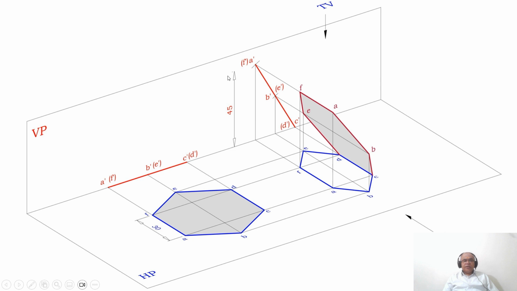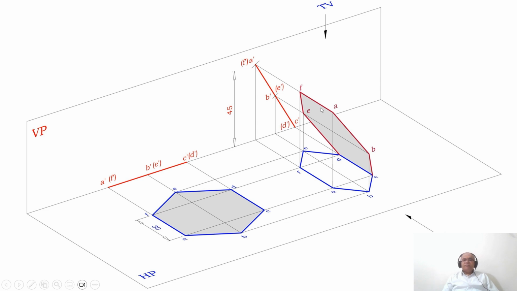If I look from the front view, above HP will be seen in the vertical plane. So therefore, you will be able to get this particular figure in three dimensions.